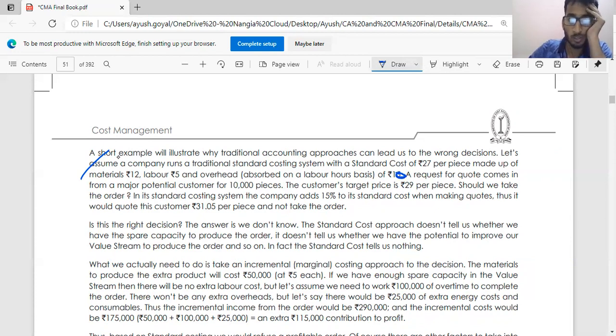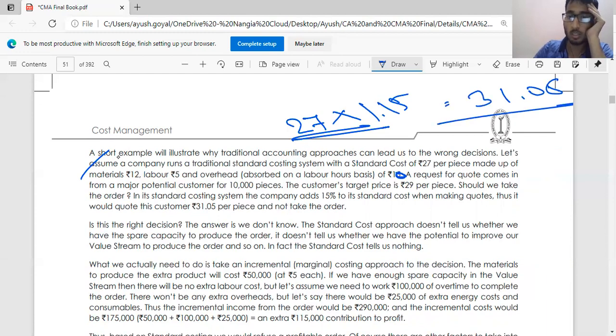So what was there? The 27 was the cost, which is the standard cost, and we'll do a 15% addition. So it is 31.05. And since the customer is quoting 29, it's basically a question of decision making. What standard costing used to do is that we would always take 15% over our cost, our standard cost.